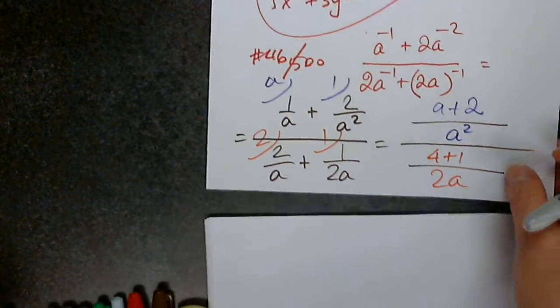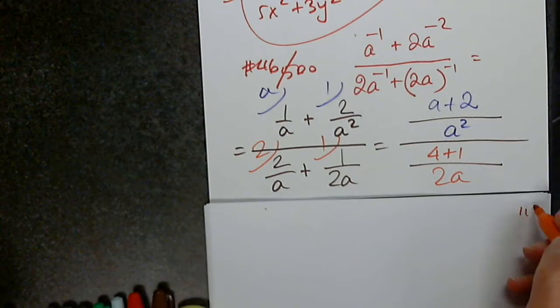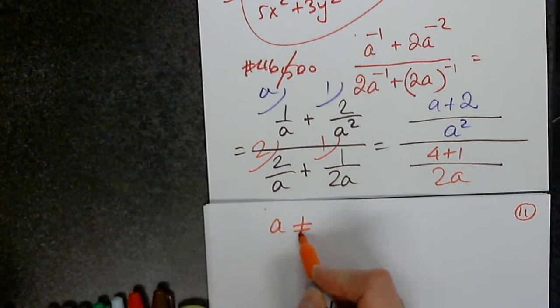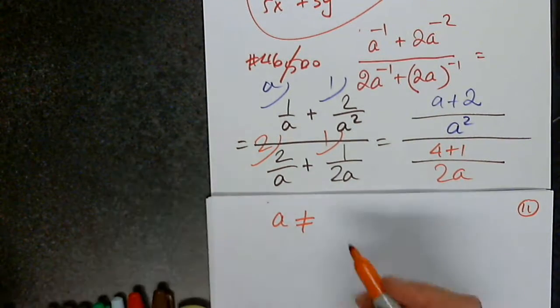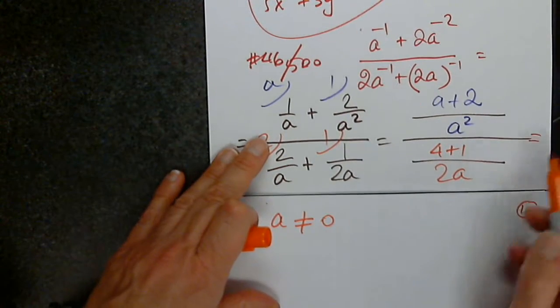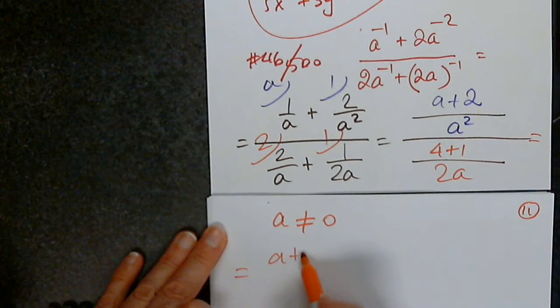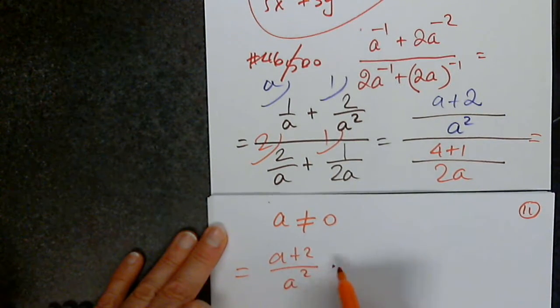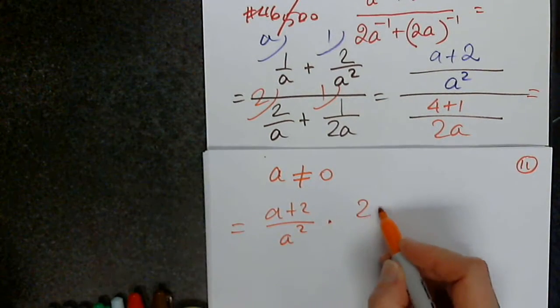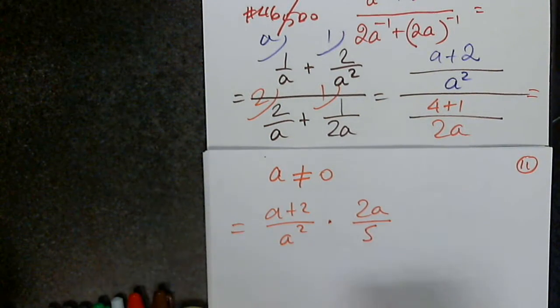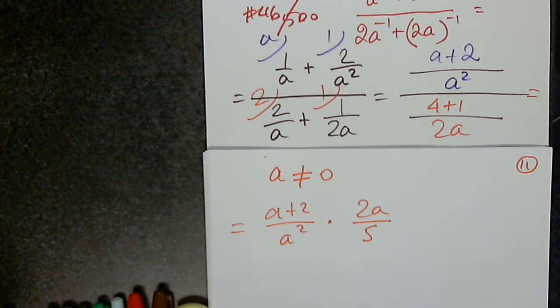Since I have only one variable, I have to state restrictions before I flip. A cannot be 0. Excellent. So then I copy a plus 2 over a squared and I'll multiply it by 2a over 5. Does anything go away?